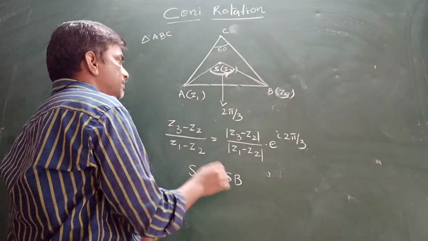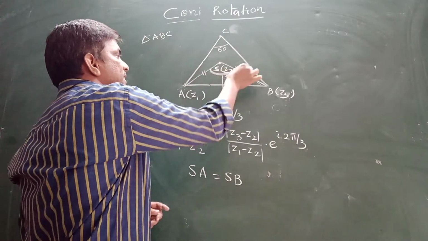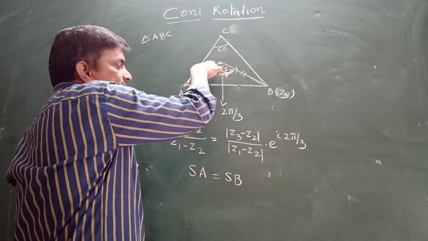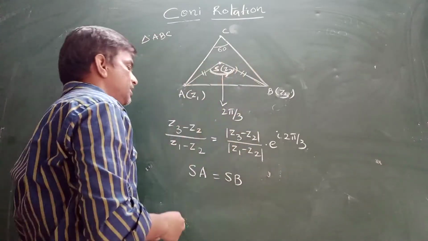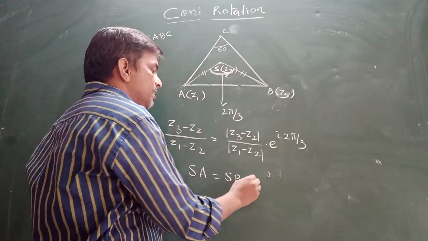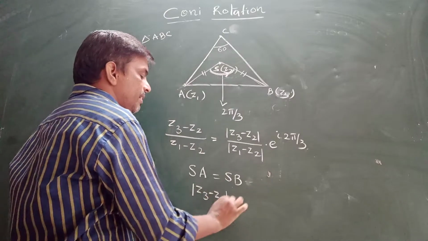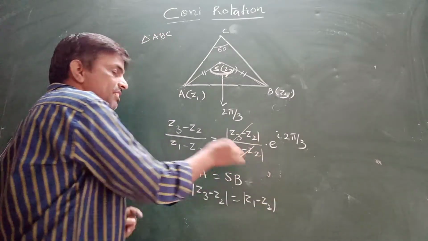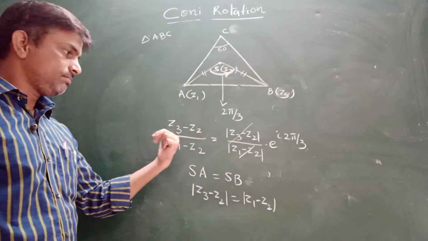So mod Z1 minus Z2, this length, and mod Z3 minus Z2, this length, are the same. I can say that modulus Z3 minus Z2 is equal to mod Z1 minus Z2. These are equivalent, so I can cancel them out.